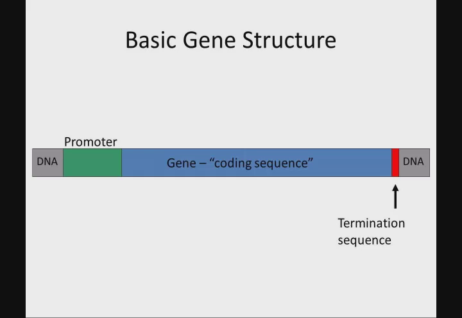Now, at the tail end of the gene is oftentimes what's called a termination sequence to show us where the gene ends. Right? So again, that's a little bit more detail on the structure of a gene. So we call it gene expression. We express a gene, we're turning that gene on, we're making RNA and making a protein. All right? And those are terms that you're going to come across again and again.